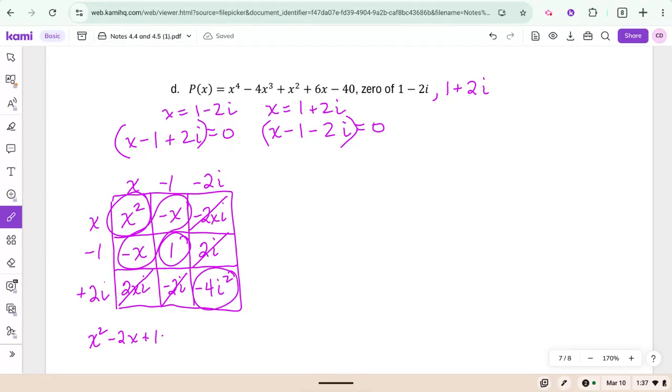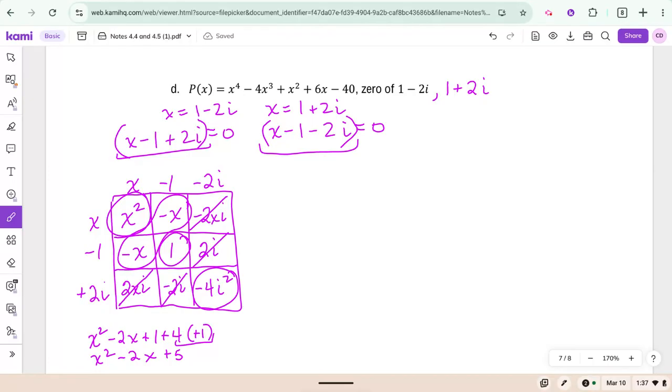And I have a minus 4i squared. But remember, i squared is negative 1, so this is going to turn into a positive. So I've got x squared minus 2x plus 1 plus 4 times 1 is 4, so this is plus 5. So all of that to find what you get when you multiply these two complex ones.